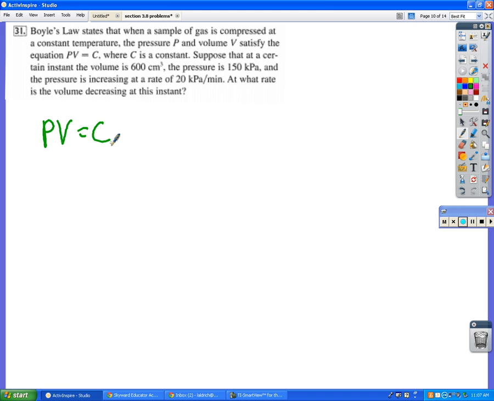So I need to go the first one times the derivative of the second one, plus the second one times the derivative of the first, and then what's the derivative of C? 0. I was so excited to use the product rule, I just couldn't contain myself.